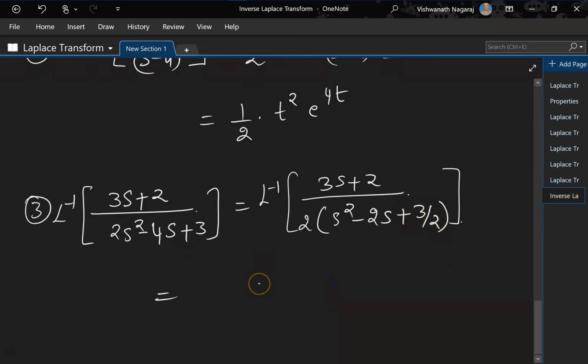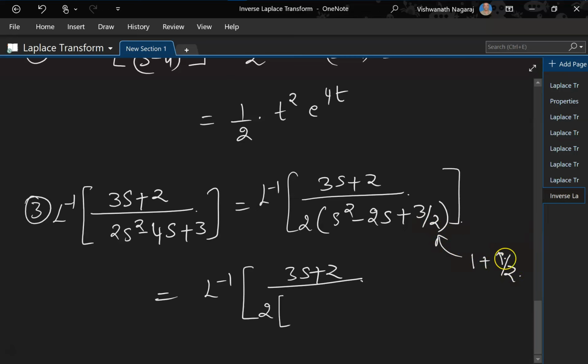So now the Laplace inverse of 3s plus 2, we have to complete the square. So 2 times, what we'll do is split this 3 by 2 into two parts, 1 plus 1 by 2. So 1 plus 1 by 2 is 3 by 2.